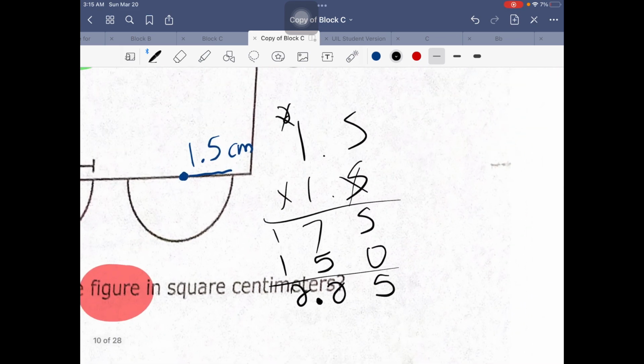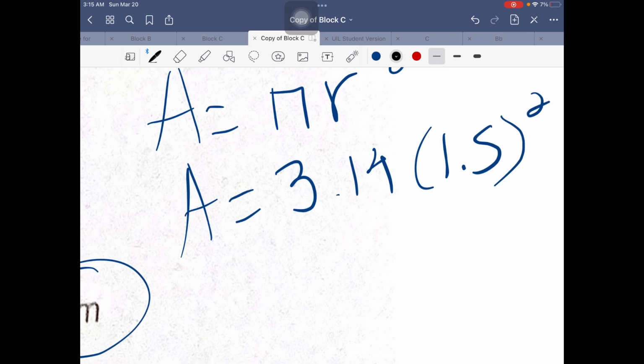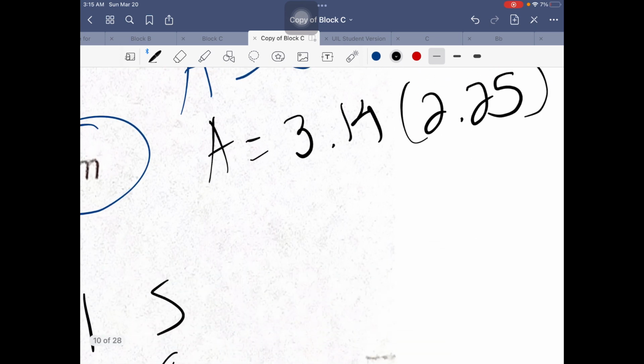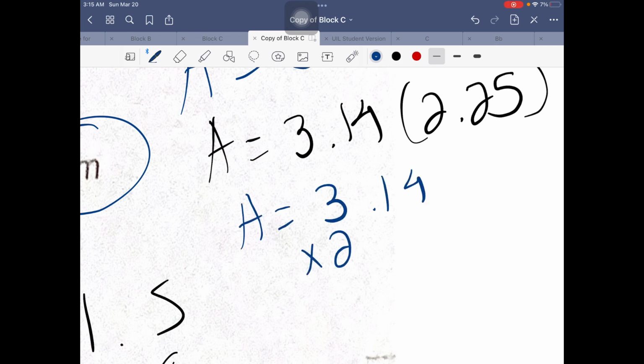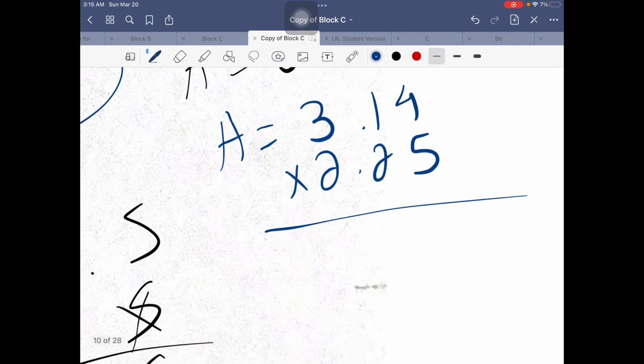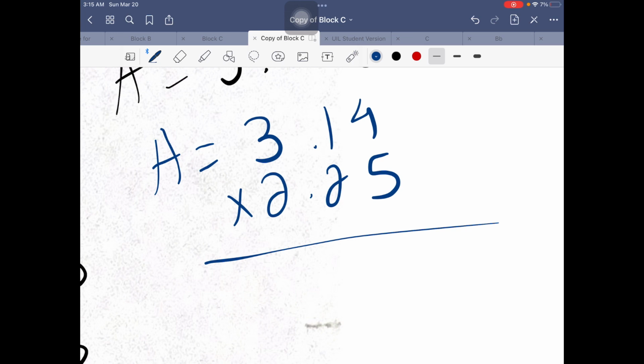So I have 2.25 for 1.5 squared. All I have to do next is multiply 3.14 by 2.25 and take the answer, and I will get my answer for the area for the circles.